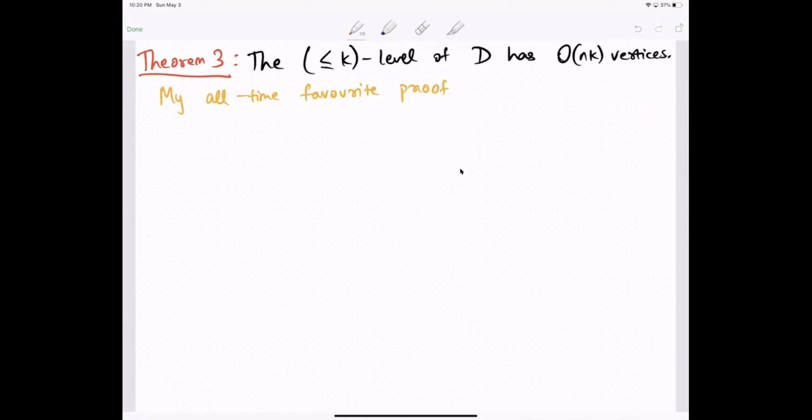And why? Well, the thing about this statement is it's a very deterministic statement: you're given this, and you want to find an upper bound on how many vertices have depth less than or equal to k, right? And it turns out the proof is actually via something called a probabilistic method, where we'll do some sampling, we'll play with probabilities, and then prove the statement.